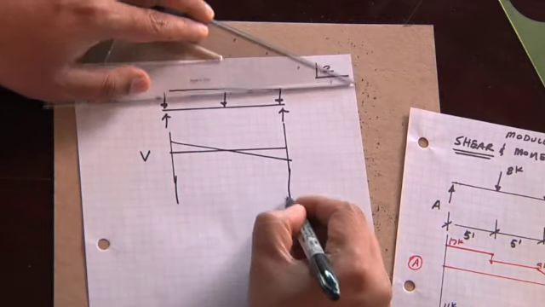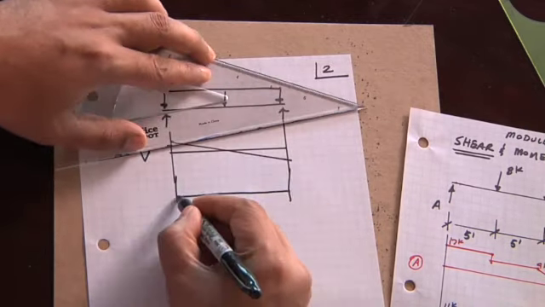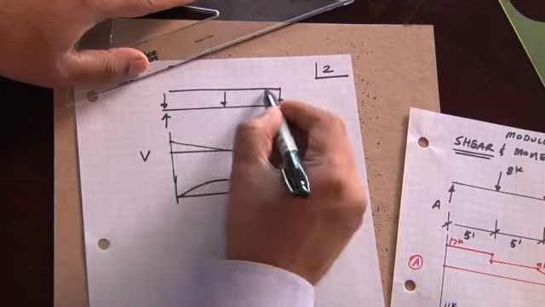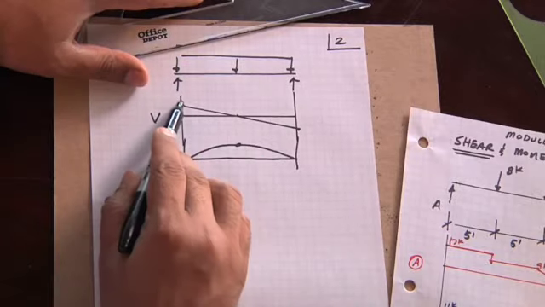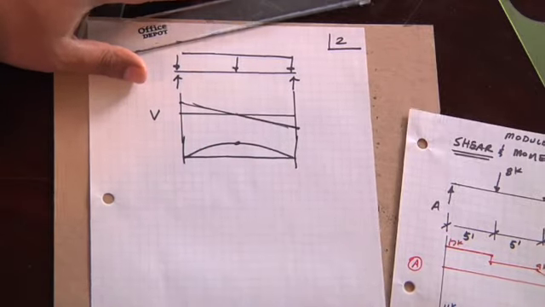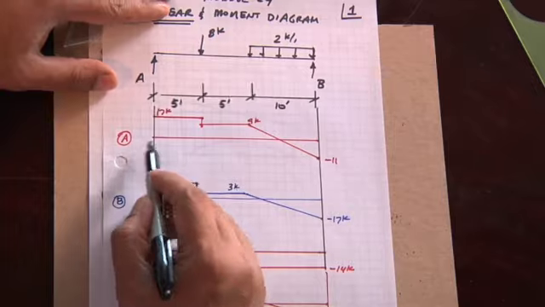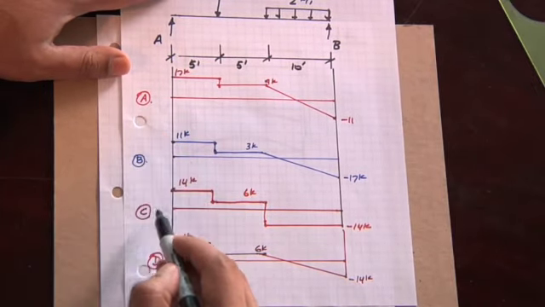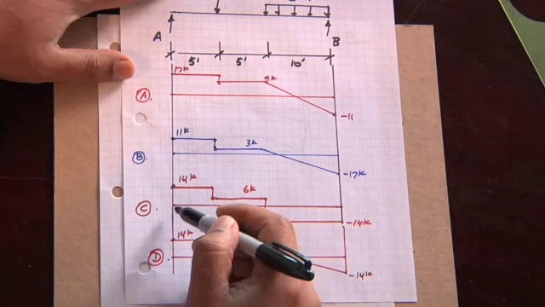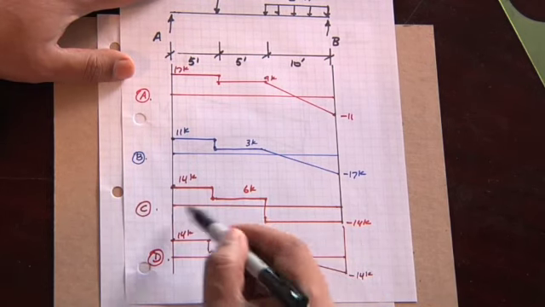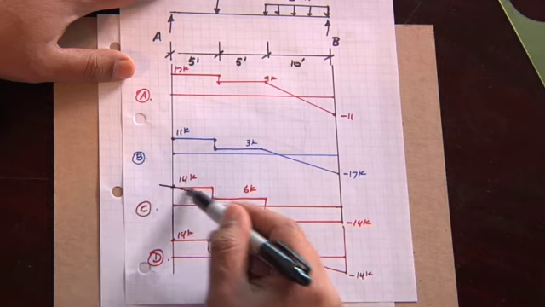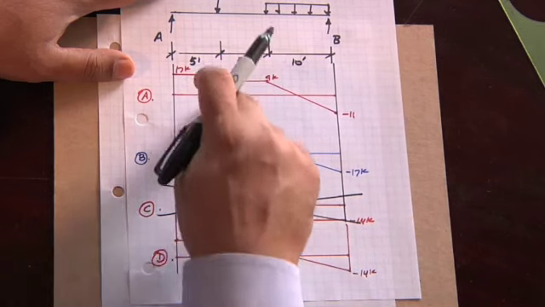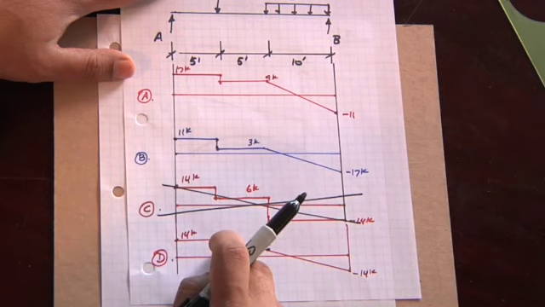The moment diagram is a parabola. So whenever you see a uniform load, you know that you have a linearly varying shear diagram. So which one of options A, B, C, and D is incorrect? We know that C, which does not have that, is definitely out. So we can delete option C. We're now down to A, B, and D.